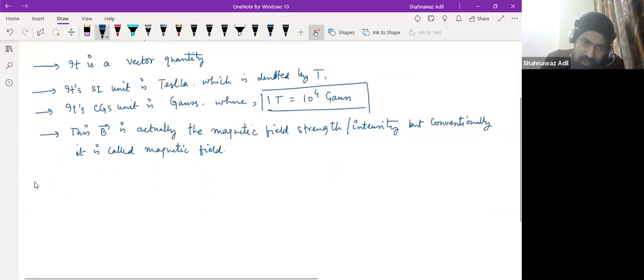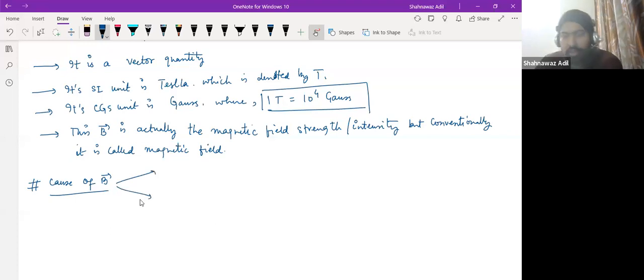So what are the causes of this magnetic field? Can you tell me the cause of this magnetic field? The magnetic field arises due to current in conductors.